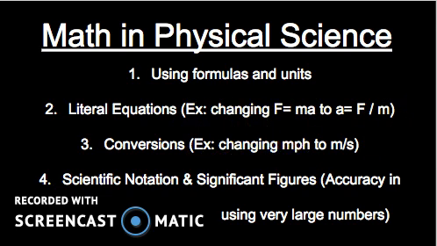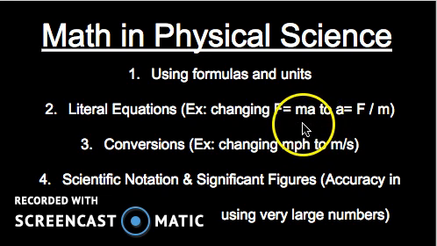Now you may or may not have ever heard of that term, but basically it's taking a formula. For example, one of our formulas in physical science is F equals ma. That's force equals mass times acceleration. Sometimes you are given data for two of these three things, but it's not the two that you expect. You expect to be given something for mass and something for acceleration.